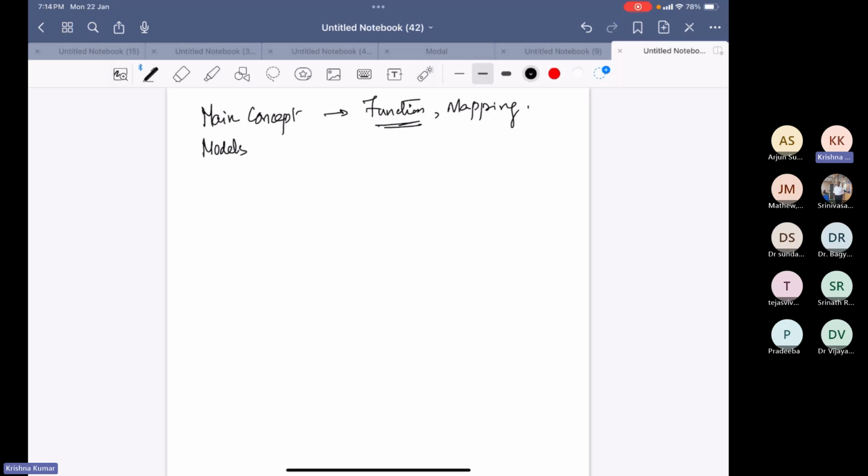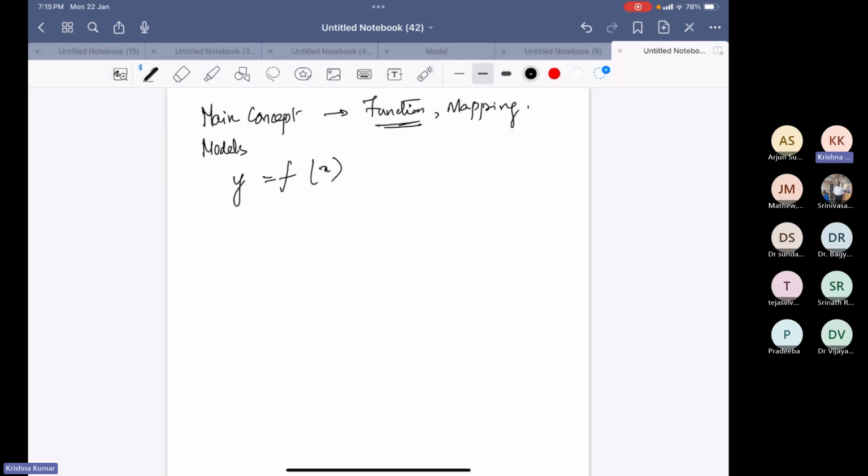You would have seen this, it's not the first time you heard the term function. That's the symbol we use. You would have seen function f of x, and say y is equal to f of x. If I look at this f of x, you would see that there are two variables.